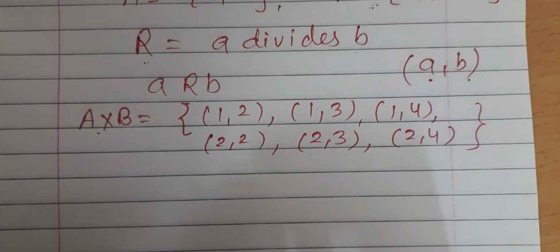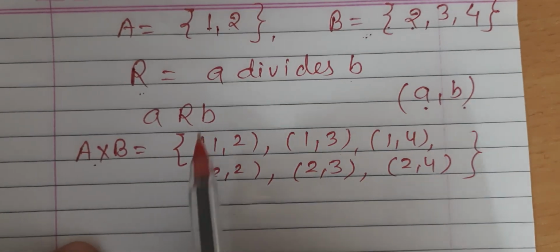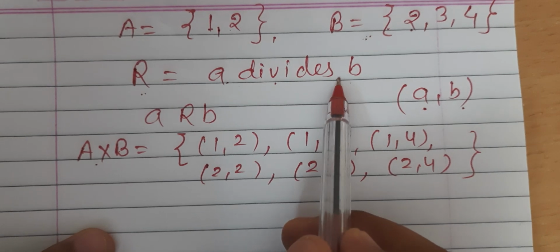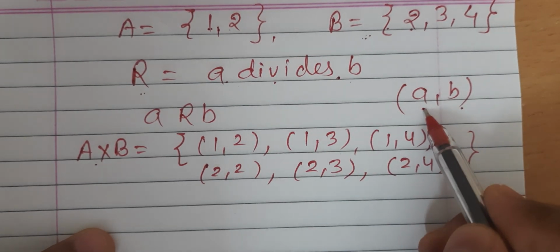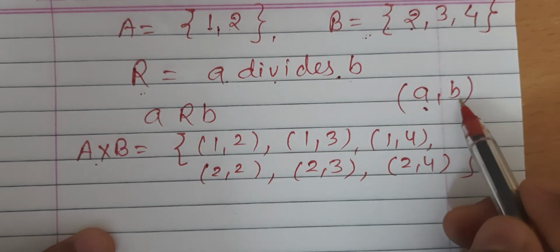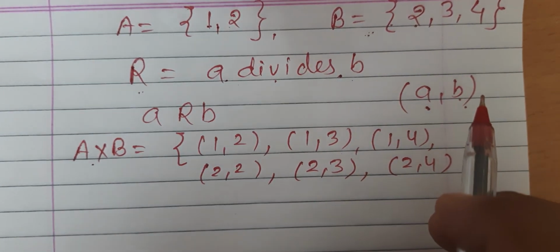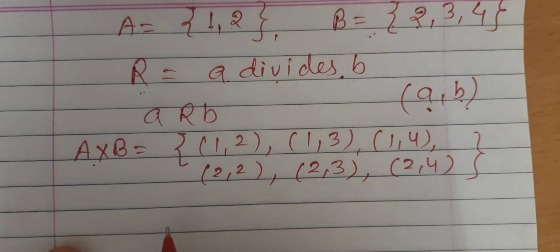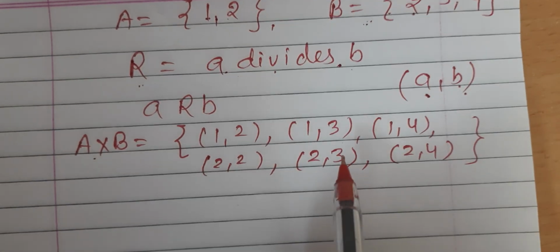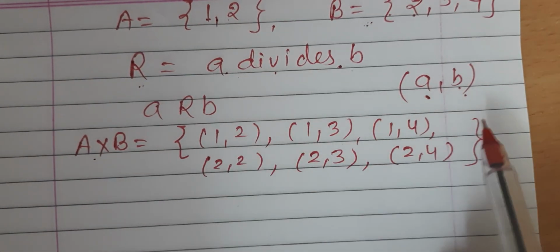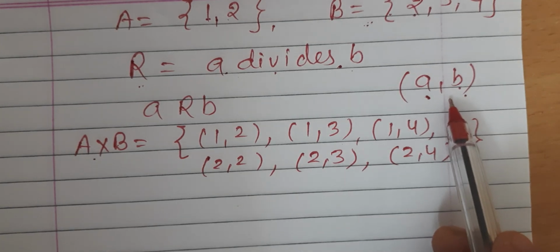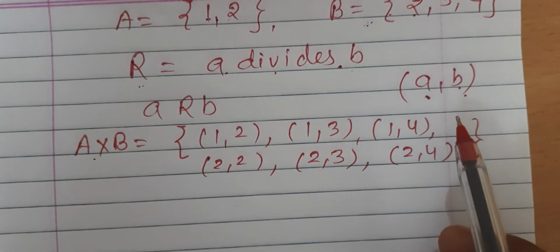Now the relation A divides B means the first element of the ordered pair divides the second element. We are talking about the ordered pair. So if any ordered pair follows this condition, it belongs to set R.